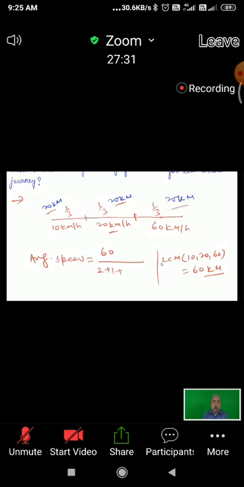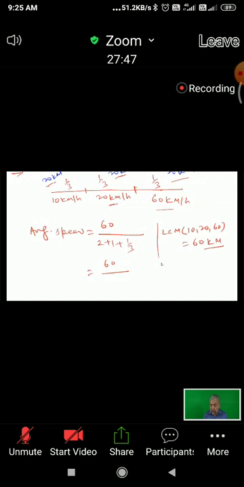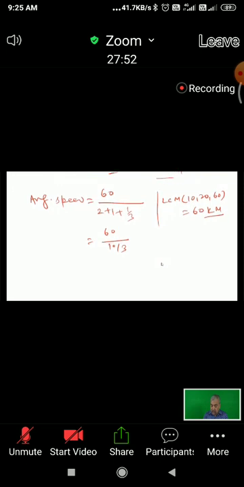For the last 1/3 distance, 20 kilometers with a speed of 60 kilometers per hour, time taken is 20 by 60, that is 1 by 3 hours. Now if you calculate, the total time is 10 by 3. So this will be 60 into 3 by 10, the zeros cancel, so 6 into 3, that is 18 kilometers per hour. That is the answer, the average speed.